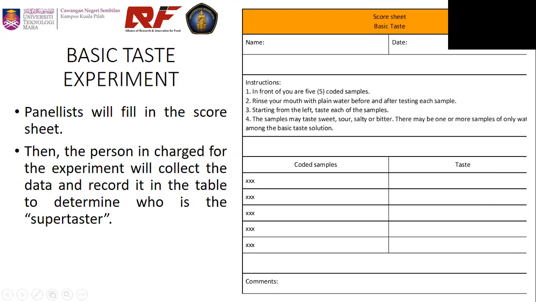Only those who are in the preparation room know what solution it refers to. For example, the first solution should be salt solution. So the panelist should write here saltiness or salty taste.